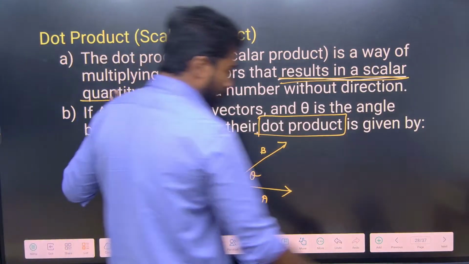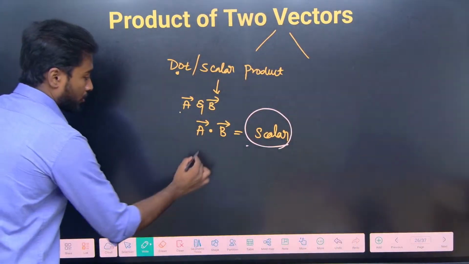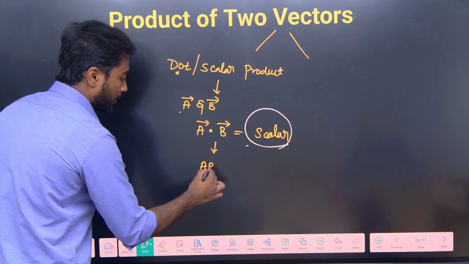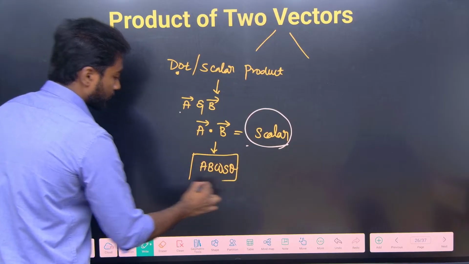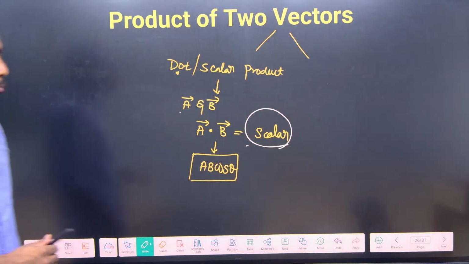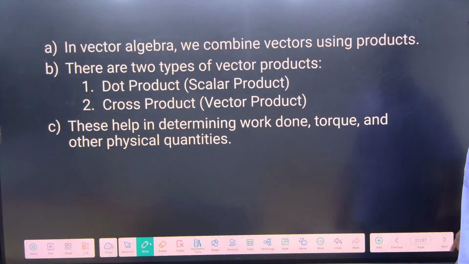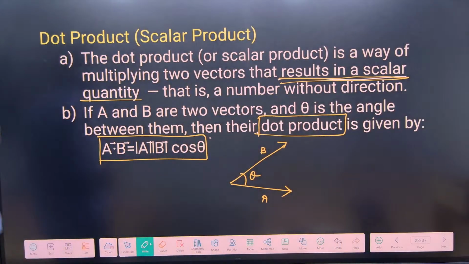Okay, that's what we will write there. This will give us AB cos theta. Important thing guys, you can note this one. You can take notes of this dot product.